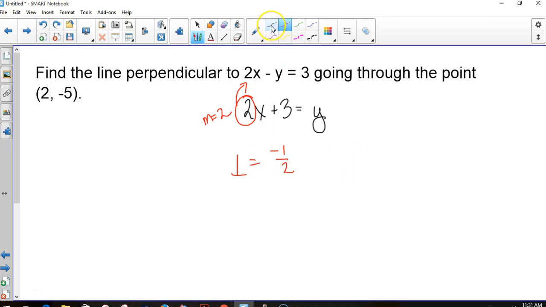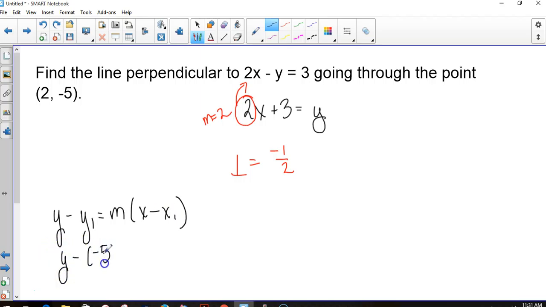This time I'll use point-slope. y minus y1 equals m times the quantity x minus x1. y minus the negative 5 equals negative 1/2 times x plus 2.